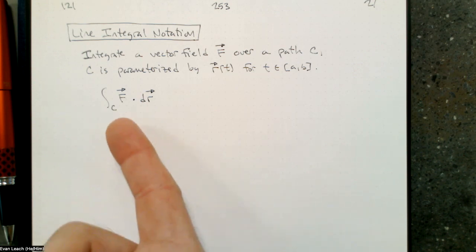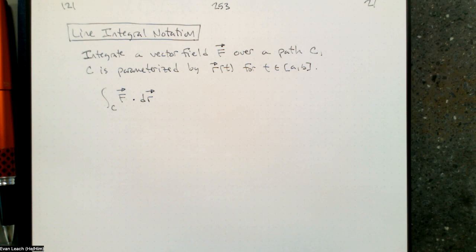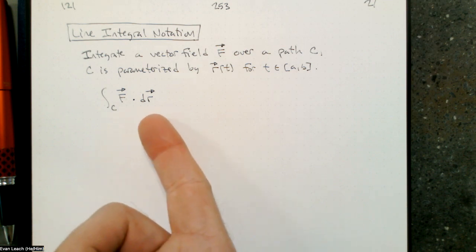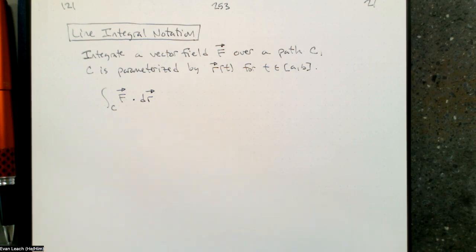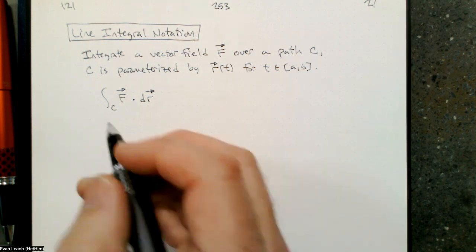This is generic notation, and it's an integral, and it tells us exactly what we're doing. We're going to take F dot dr and evaluate that at all the points along the curve C. That's what this notation tells us.